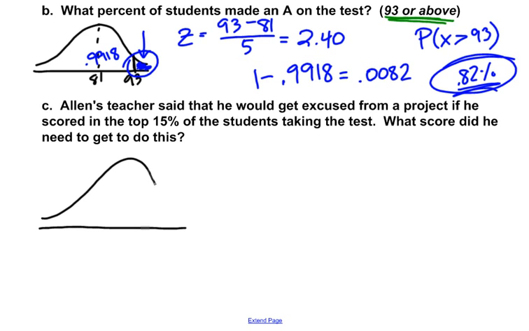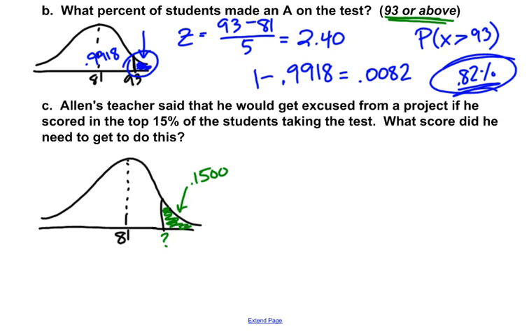If we have our normal distribution, our mean, again, is here at 81. We need to find the value, and we don't know what that is yet. It's going to give us an area of 0.15 above it. So we want to know what is going to make this equal 0.15.